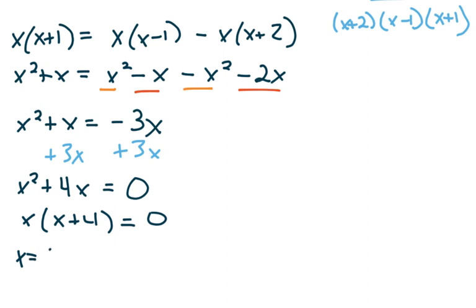So I would get x equals 0 and x equals negative 4. You'd want to confirm that none of your denominators would equal 0. My LCD is my denominators, and none of those would equal 0 for 0 or negative 4. So this one again has two answers.